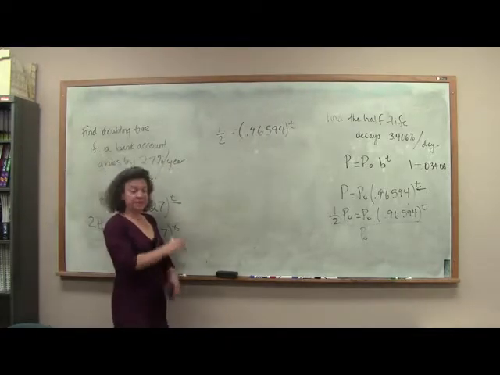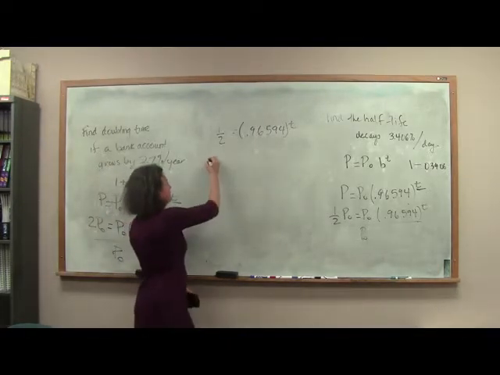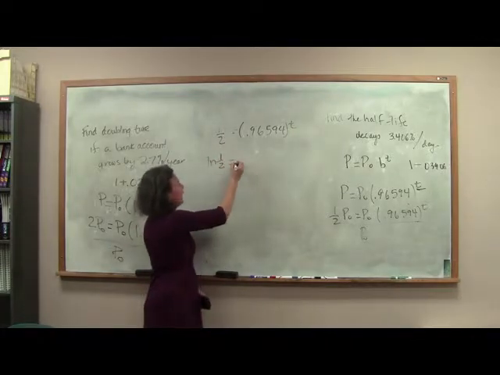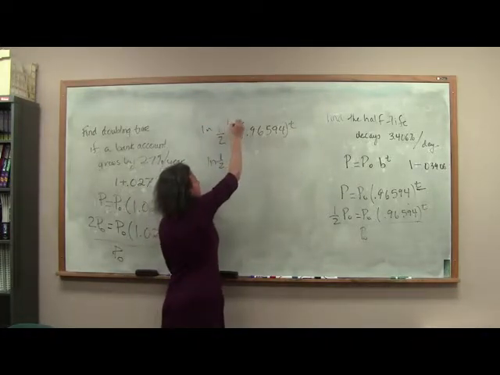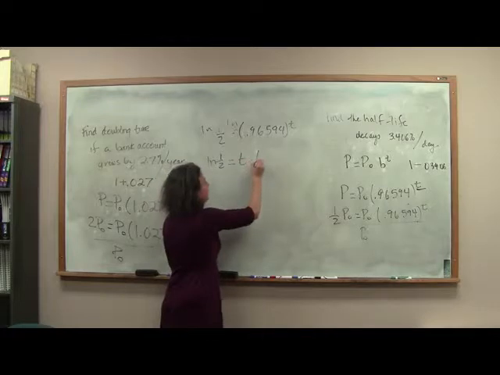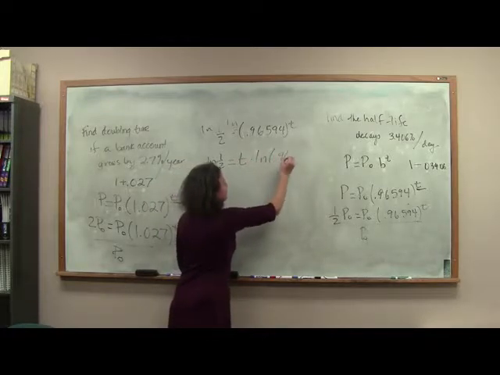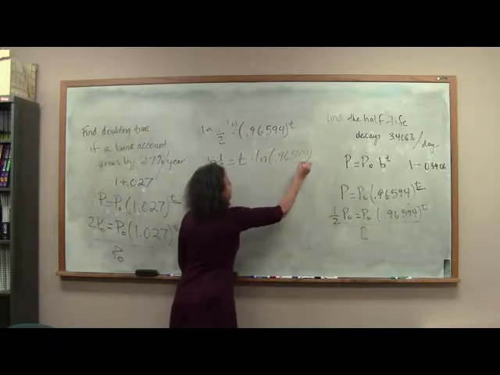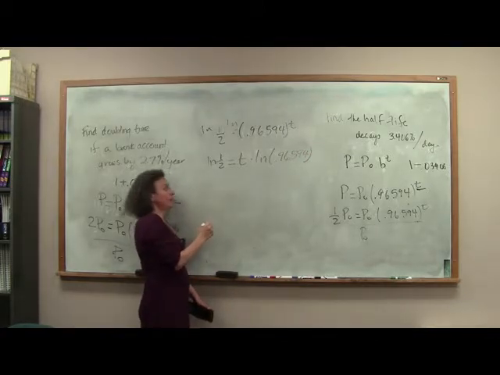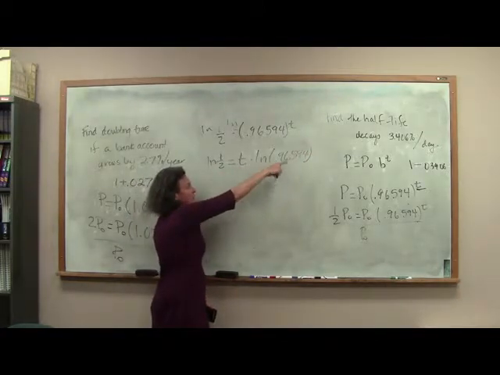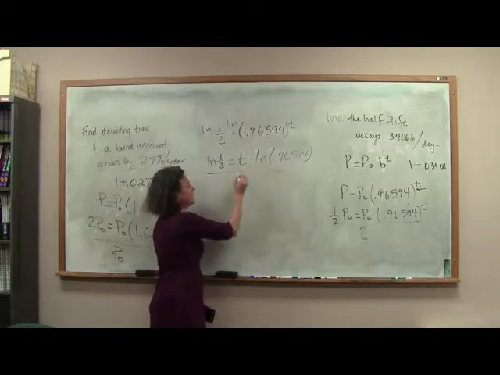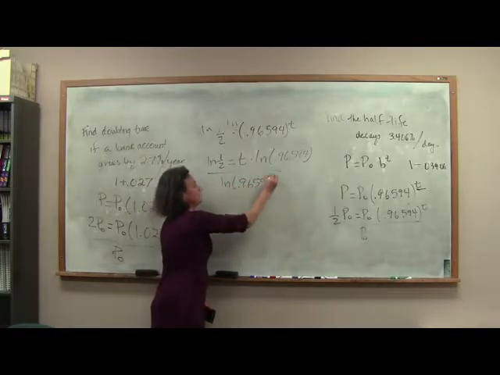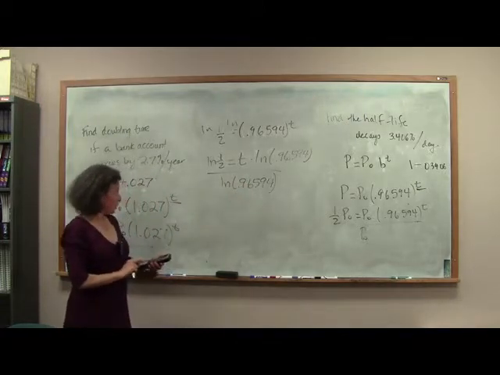How do I solve this? Again, take the log of both sides, natural log of 1/2. Remember, if I take the log of this side, I can bring my exponent down in front. All I did is take the natural log and bring my exponent in front, and then to get t alone, you again divide by whatever you're multiplying by.